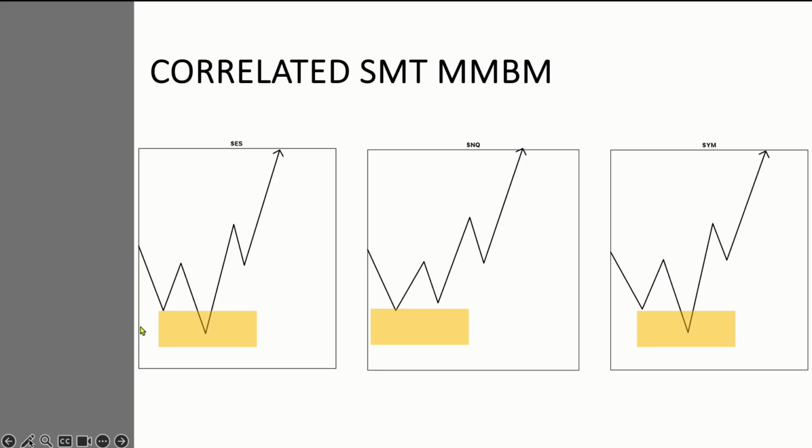Because until SMT is present, the market is not allowed to reverse. And the SMT can be with a very wide amount of markets. So for example, the SMT can occur with Nasdaq, the Dow Jones, or even with the dollar index. Same for Nasdaq, same for Dow Jones.